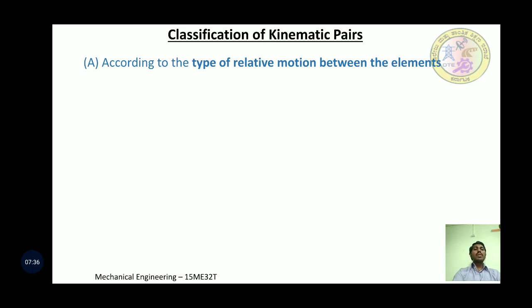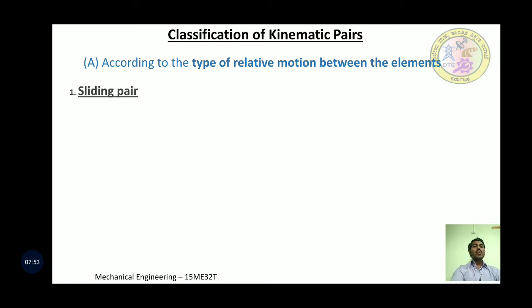According to the type of relative motion between the elements, the first one is the sliding pair.